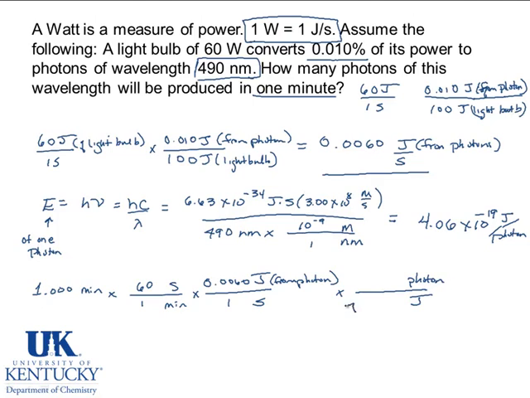I know that each individual photon will have this much energy associated with it. So if we let our units do the work for us, we see that the minutes cancel, the seconds cancel, the joules from the photons cancel, and we're left with just photons. And we will now know how many photons. And the answer is 8.87 times 10 to the 17 photons.